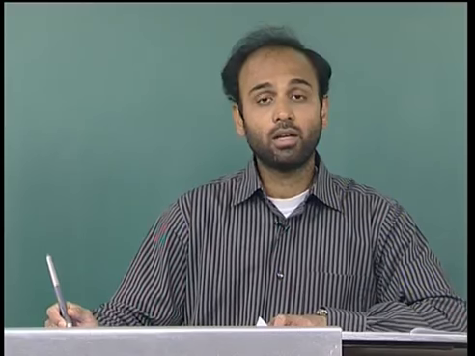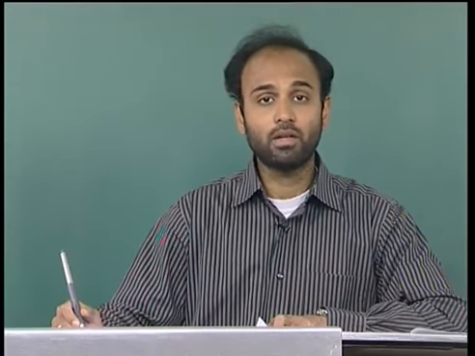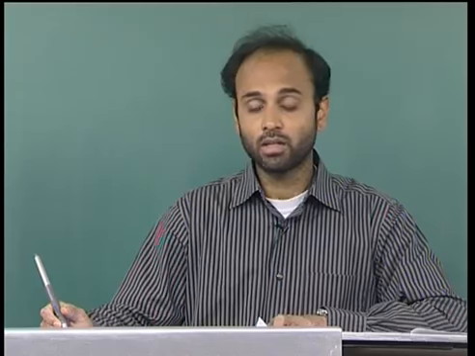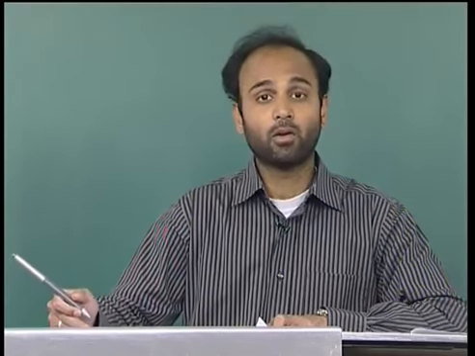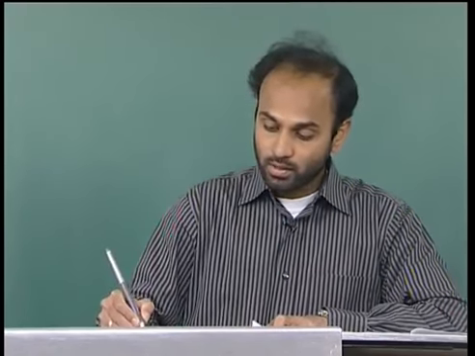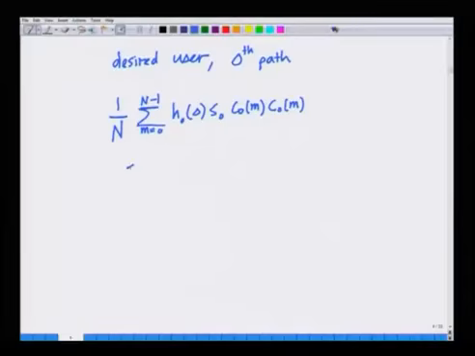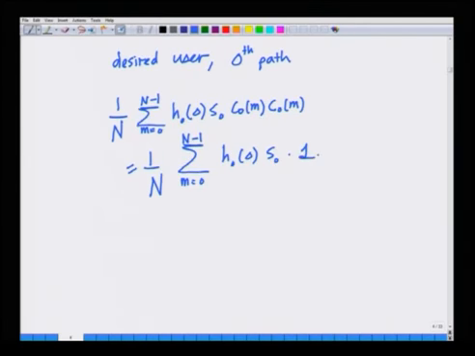Remember, c 0 m is either plus or minus 1. In either case, c 0 square of m is 1, this we have seen many times, that is the self correlation of a sequence. Hence, this is simply going to be 1 over n summation m equals 0 to n minus 1 h 0 0 into s 0 into c 0 m square is 1.